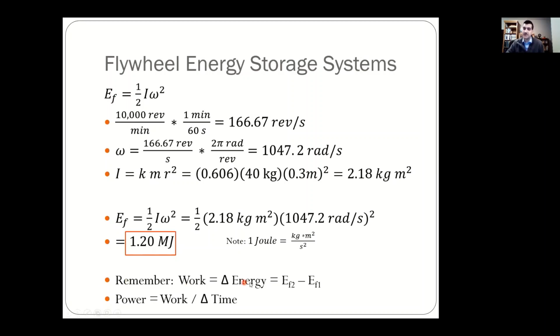And the amount of work is equal to the energy at time 2, so this is the energy of the flywheel at time 2 minus the energy of the flywheel at time 1. So you can think of it like final energy minus initial energy. That's the work. And once you have the work, remember that the power, either the power in or the power out, is equal to the work divided by the time.